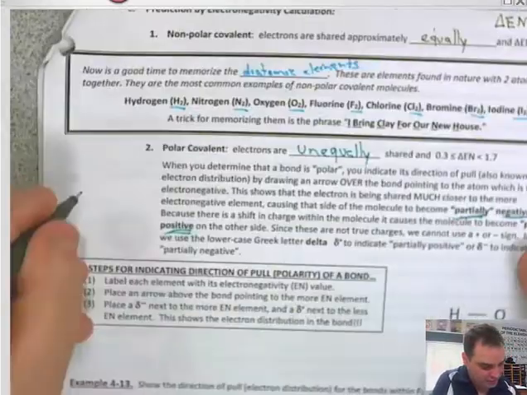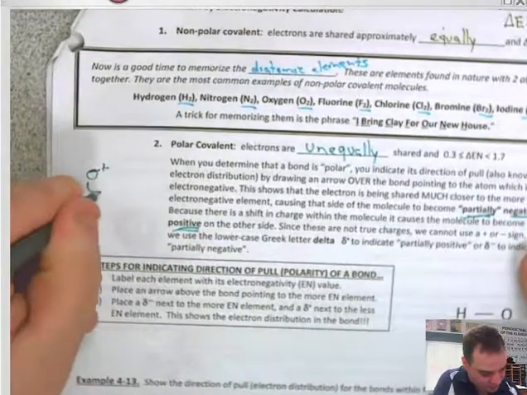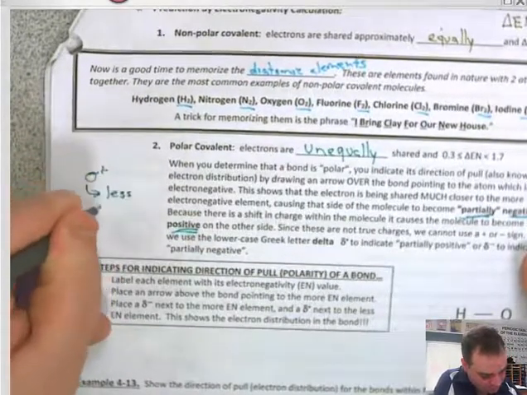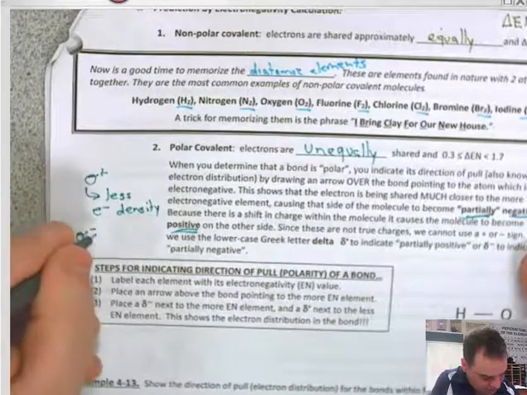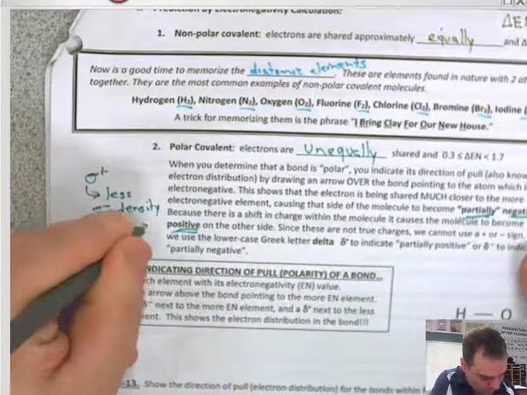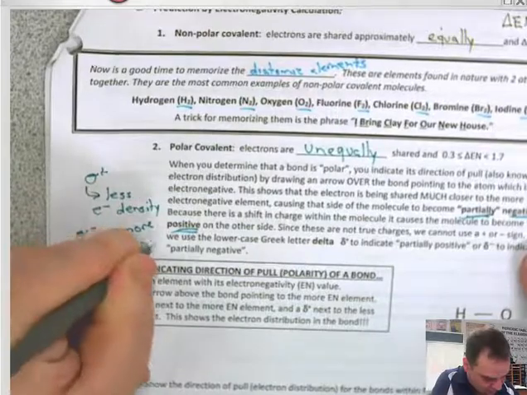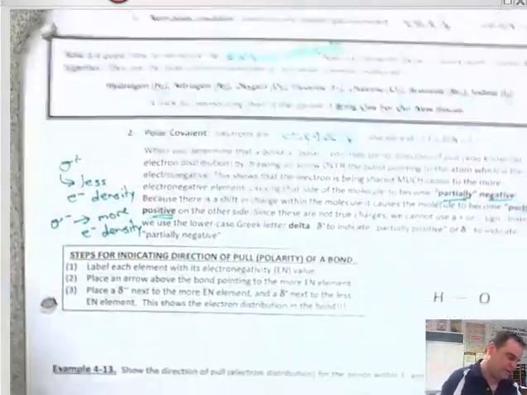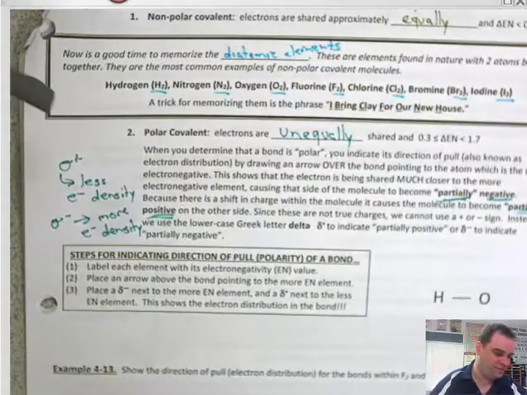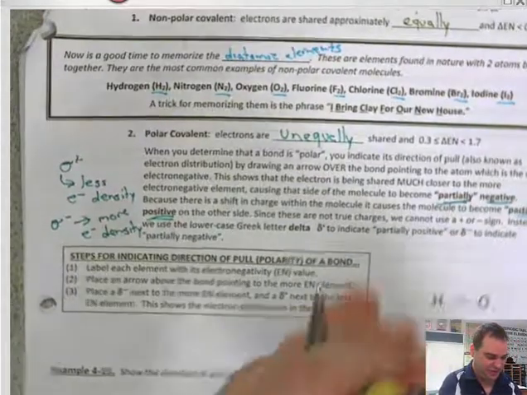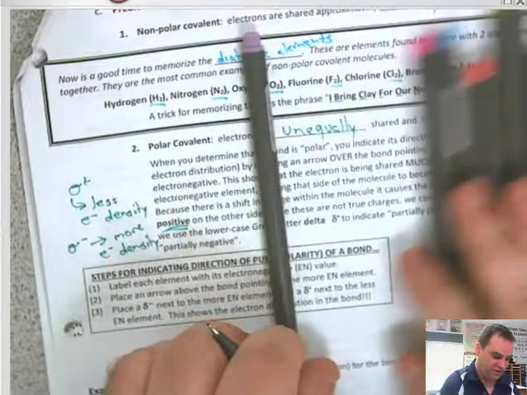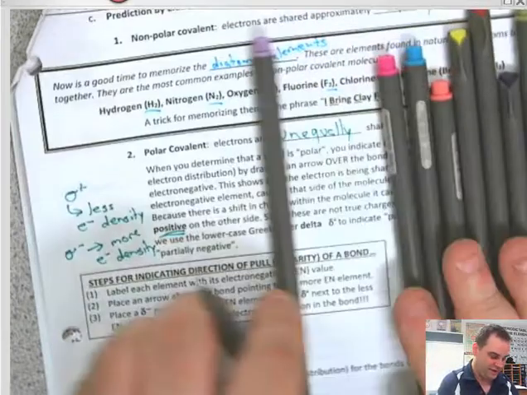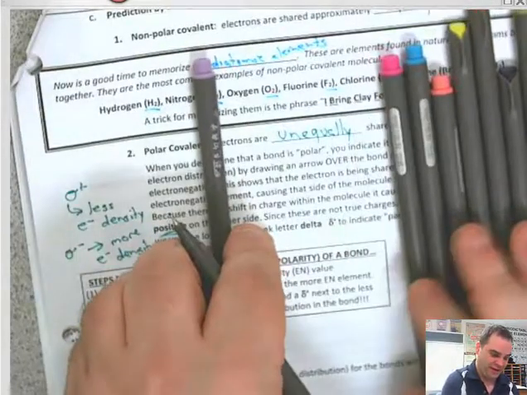The partial positive has less electron density, and the partial negative has more electron density. If we're sharing 8, the one that has more of the electrons, like this one with 7, would be the partial negative end, and this one with only 1 would be the partial positive end.